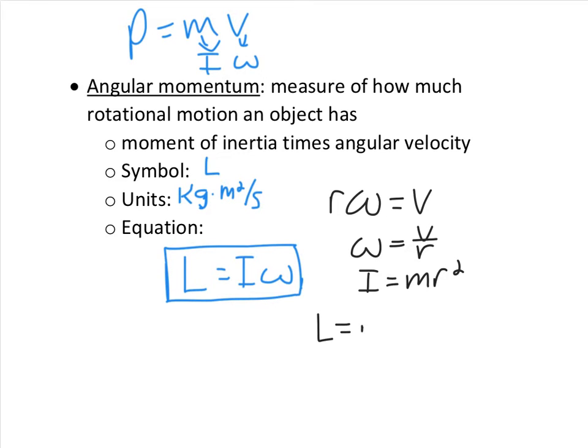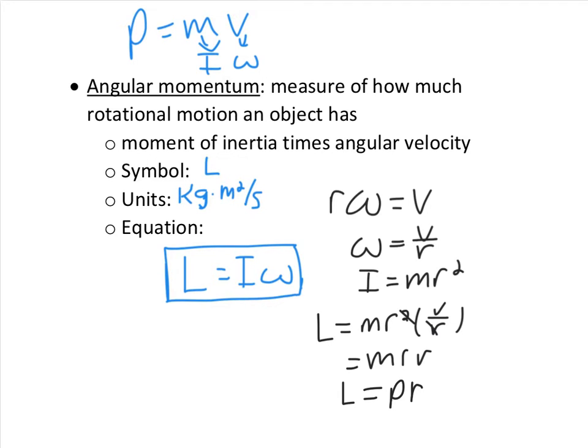So L could equal, for a point mass, mr squared times v over r, or mrv. If you notice, for a point mass, p equals mv, L equals mrv, so L is equal to linear momentum times the radius.